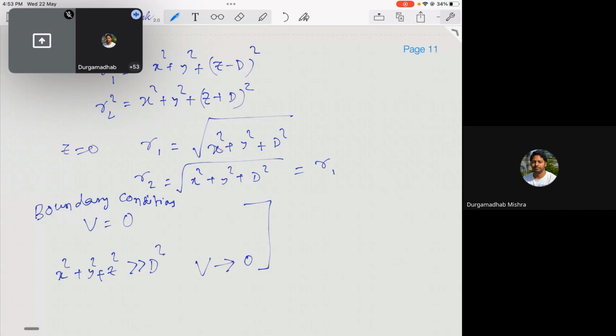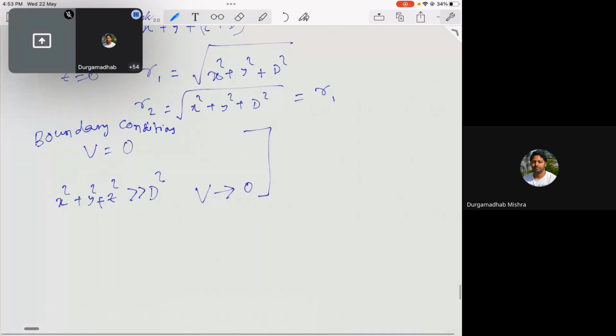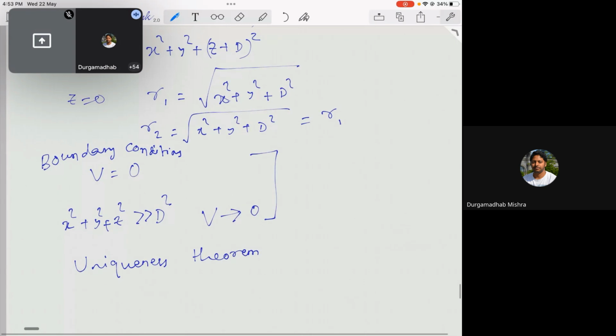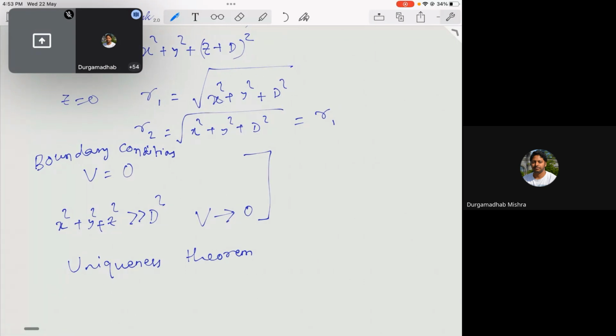So this is useful, and we take help from something known as the uniqueness theorem. It tells us that if the boundary conditions are the same and we are trying to find the potential, solving the same differential equation, then the solution we have found for the potential is always unique.